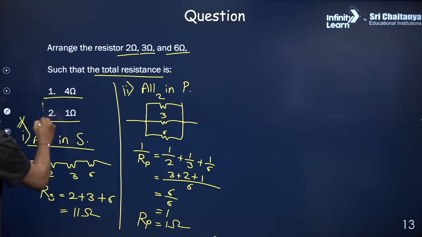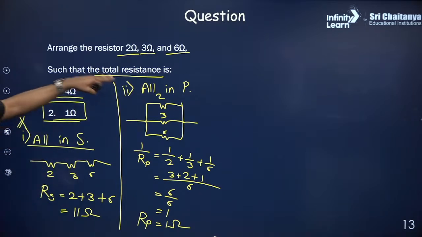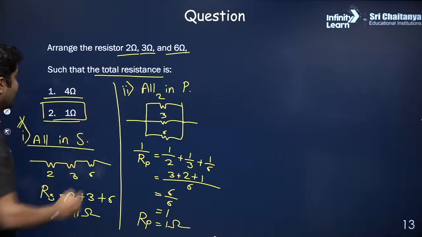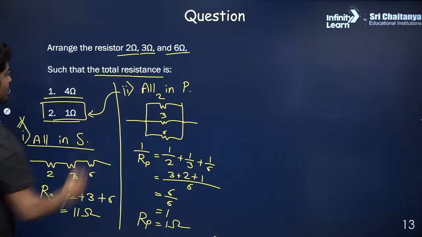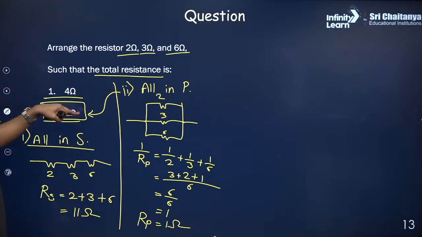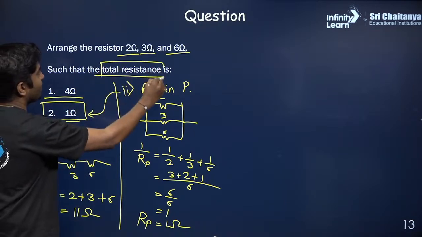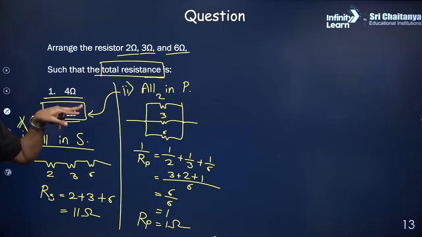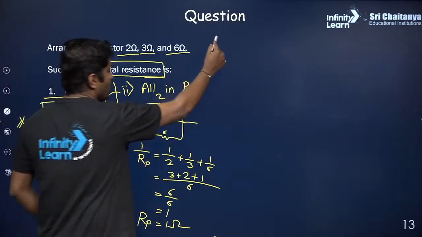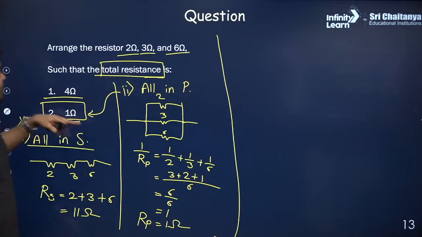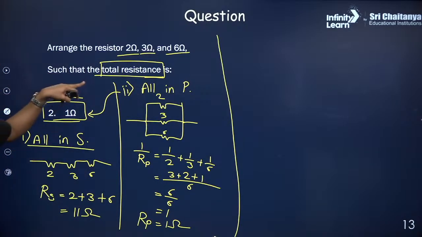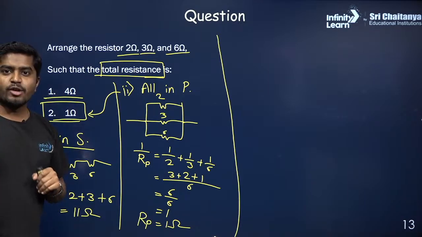So now we got this one. If you arrange all of them in parallel, the total resistance value would be 1 ohm. Got it? Now, how will you arrange them so that the equivalent resistance would be 4 ohms? I'll tell you a trick.